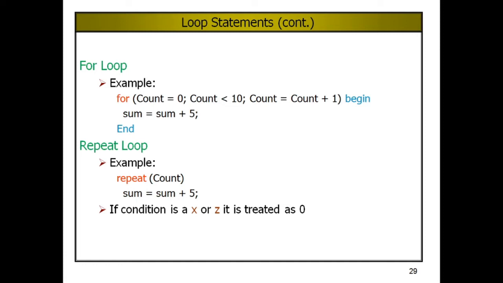Okay, the next one is the repeat. So what is this construct in the behavioral abstraction? In some programming languages we may not even see the repeat construct, right? Here, just like the while and for loop, the repeat is also a loop.